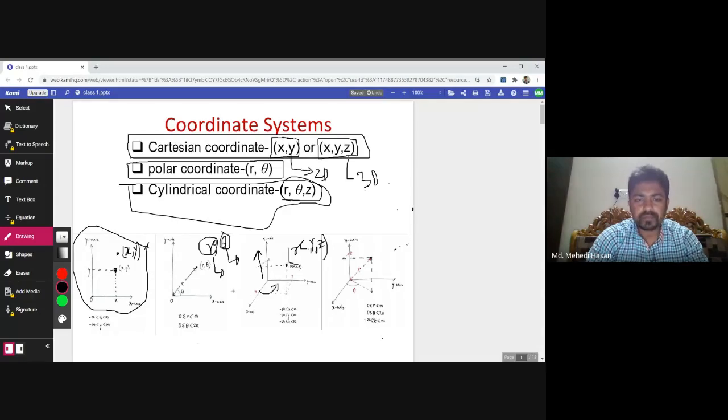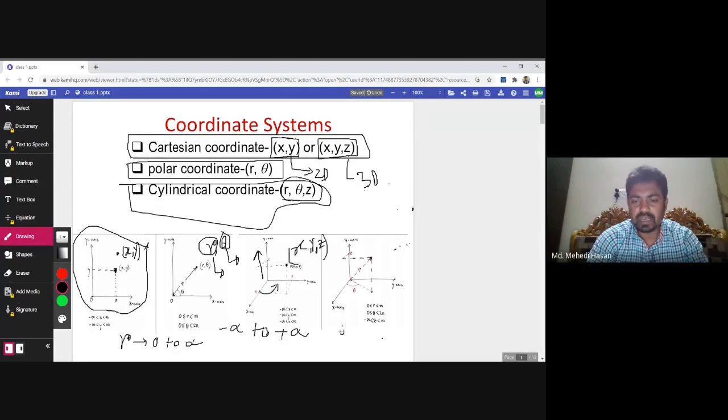The limit of x, y, z is minus infinity to plus infinity. The limit of r is 0 to infinity, because a negative value is not possible for r, since r is the magnitude.